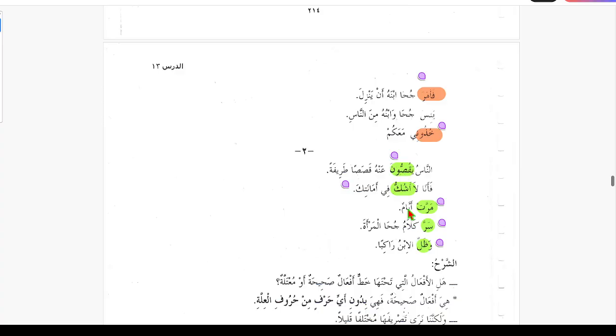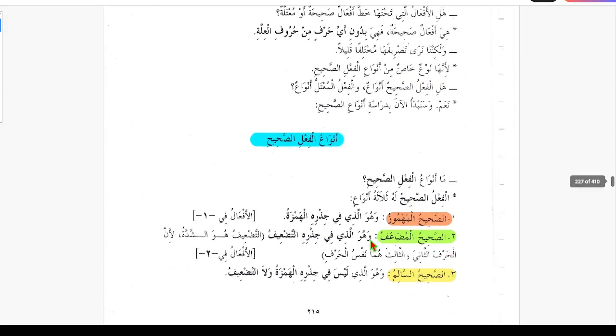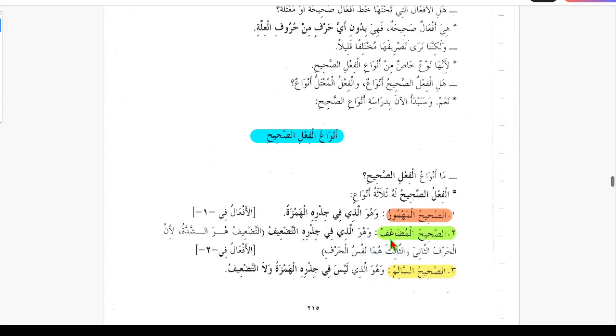Shakka, so shakka has kaf on the second and third root letter. Marra, same, is actually mim ra, so ra is doubling here. The second and third root letter is ra. Sarra, dalla, so this is the example of sahihul mudaf.